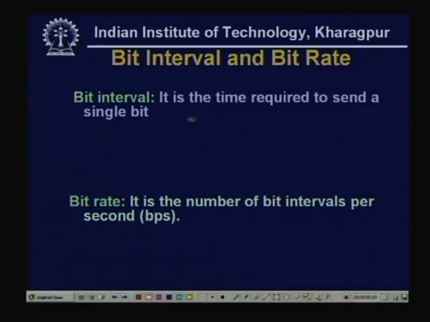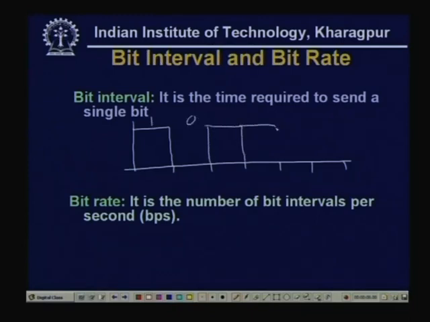For example, bit interval is the time required to send a single bit. For example, this is a digital signal, say this is 1. So, these are the intervals, say 1 0 and then it can be 1 1, and this interval is essentially the bit interval.